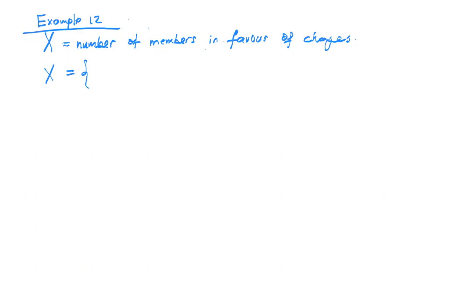Yes, because you want to prevent yourself from getting the wrong answer, correct? You have to say number of members in favor of changes out of set of 5. Then you know you cannot go beyond 5. Am I right? Okay, so 0, 1, 2, 3, 4, 5. Okay. If I say X equals 0, what does that mean? Tell me the meaning.